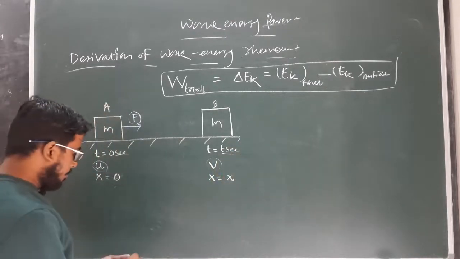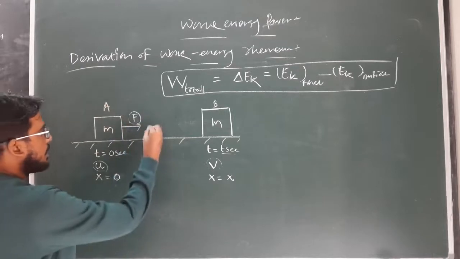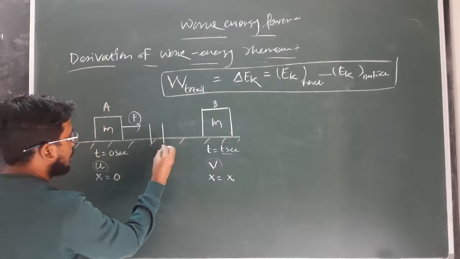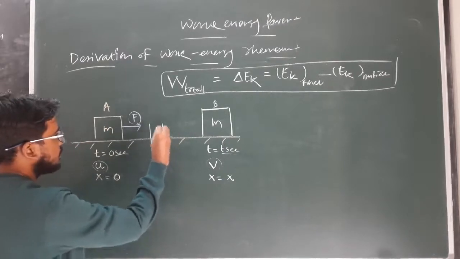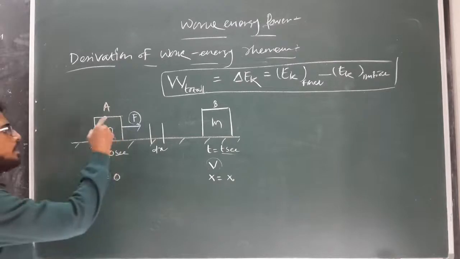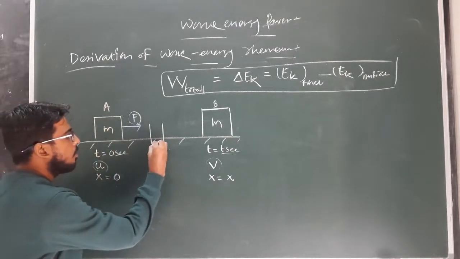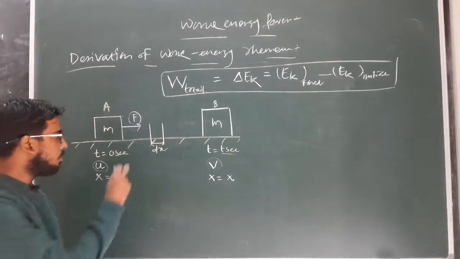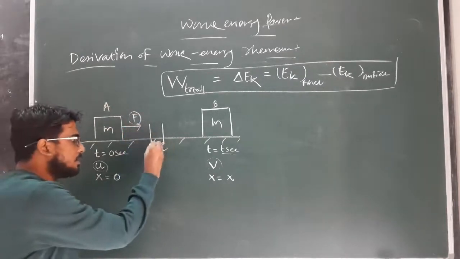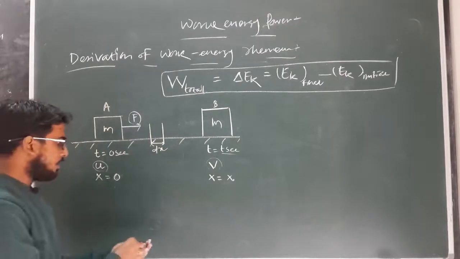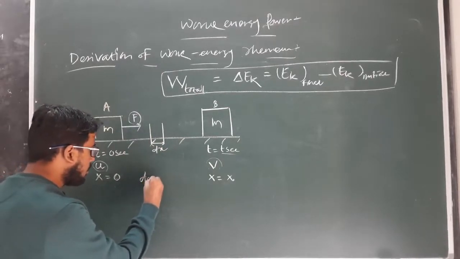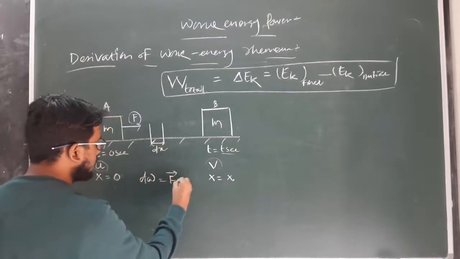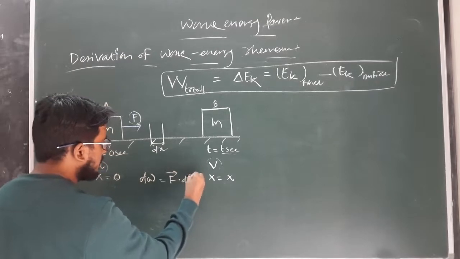Clear? So due to application of the external force F, let at any instant of time dt the displacement due to the applied force be dx. At any instant of time dt the block displaces a small displacement dx. So what will be the amount of work done by this applied force during this small displacement dx? Here we can write the small amount of work done dW due to the small displacement dx will be the dot product of applied force and the displacement vector dx.